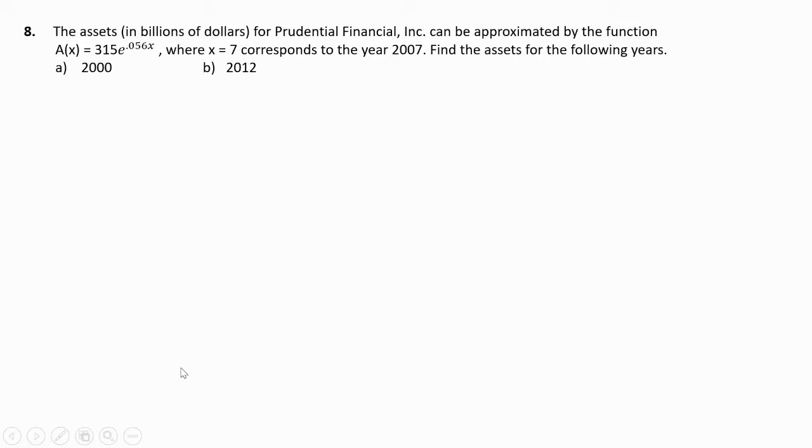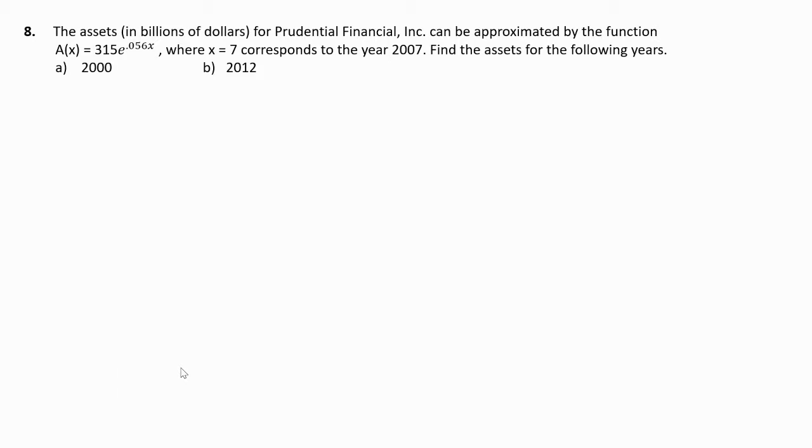Now number 8. It says the assets in billions of dollars for Prudential Financial Incorporated can be approximated by the function A of x equals 315 e to the 0.056x, where x equals 7 corresponds to the year 2007.